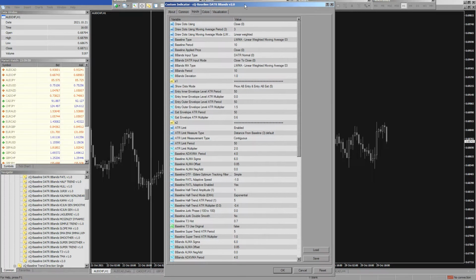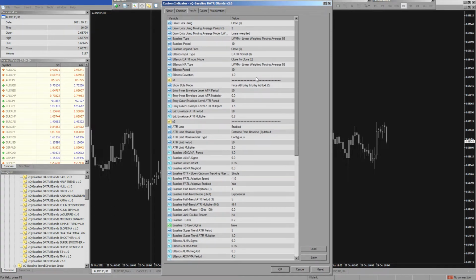And in version 2, what I've done is I've removed the exit part of the indicator, trying to make things a little easier to use. And I've added a few more of these, what I'm calling show dots mode, these here.